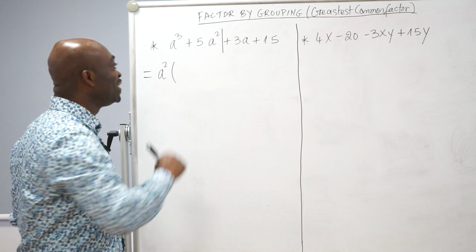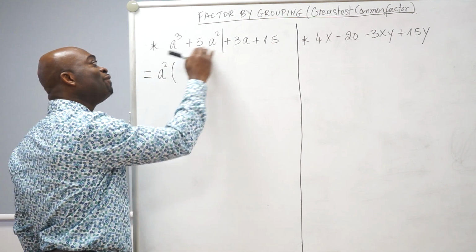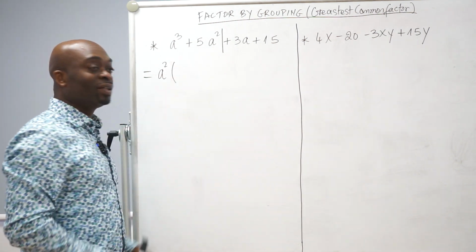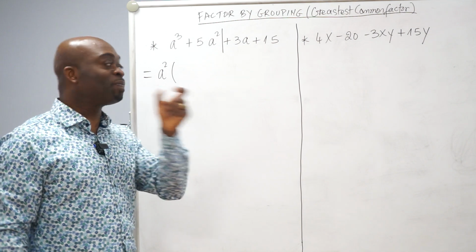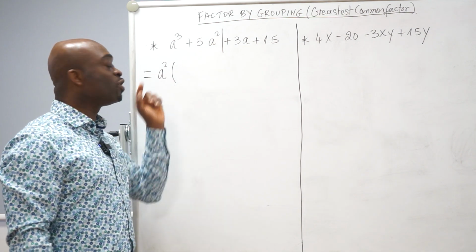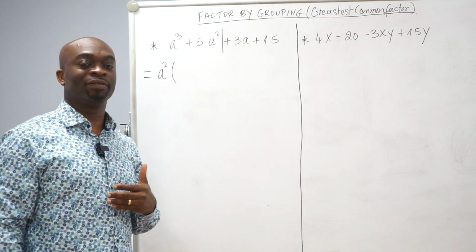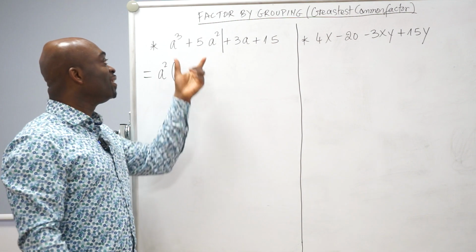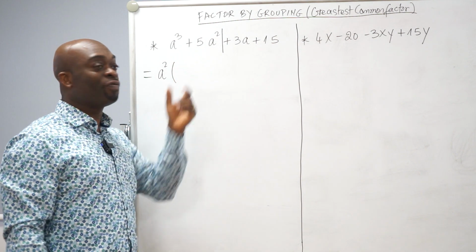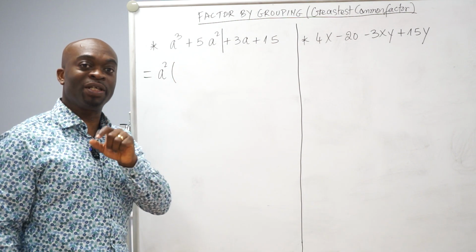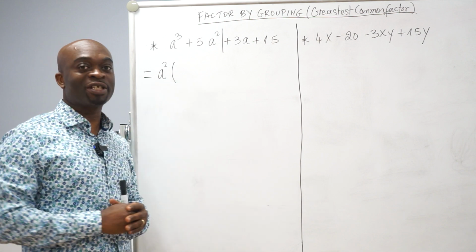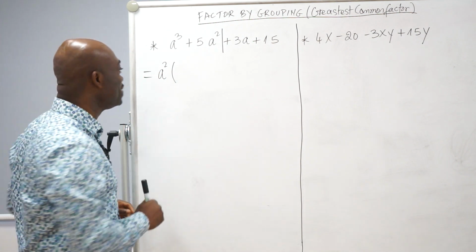Whenever you're dealing with the variables, the one with the smallest power is always going to be your greatest common factor. So keep that in mind. The variable with the smallest power will always be the one which is going to be the greatest common factor. That's a great tip that I just gave you.